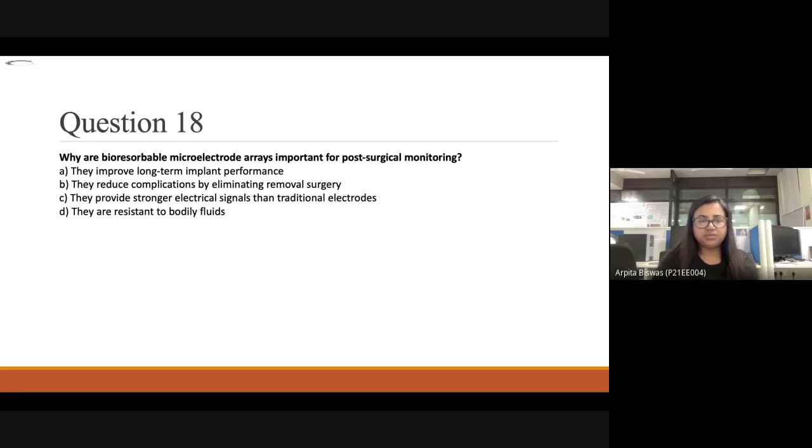So what is the right option? The right option is option B. They reduce complications by eliminating removal surgery.